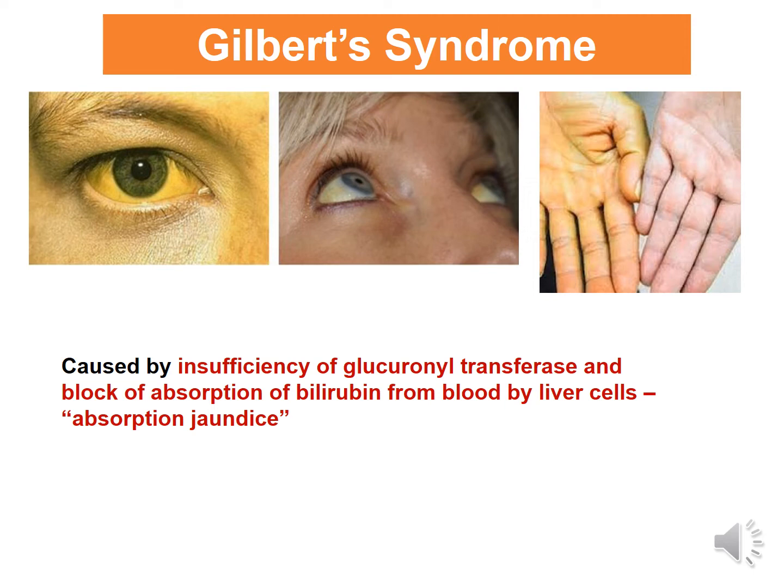It is characterized by mild fluctuating increases in unconjugated bilirubin caused by decreased ability of the liver to conjugate bilirubin, often correlated with fasting or illness. Males are more frequently affected than females, and this syndrome can be treated with small doses of phenobarbital to stimulate glucuronyl transferase activity.